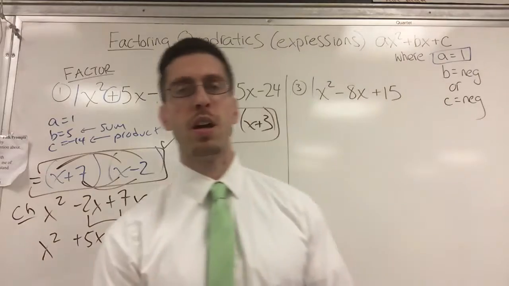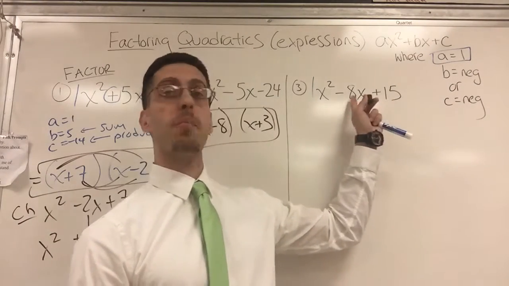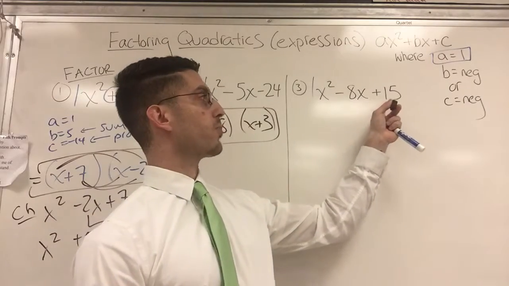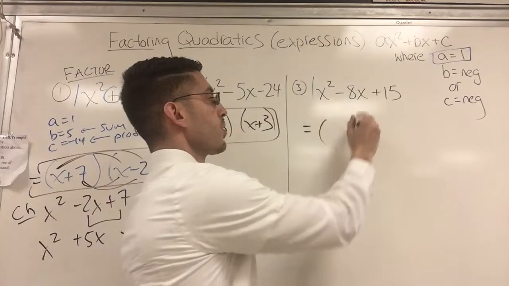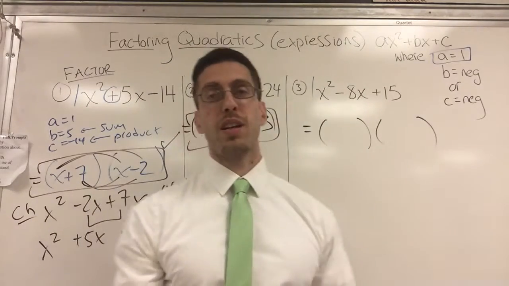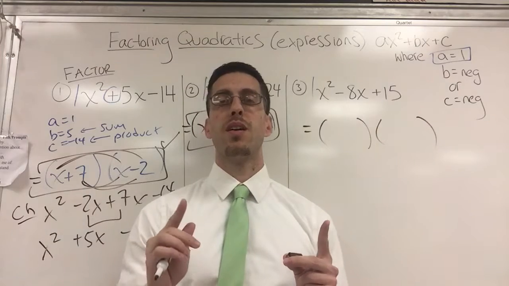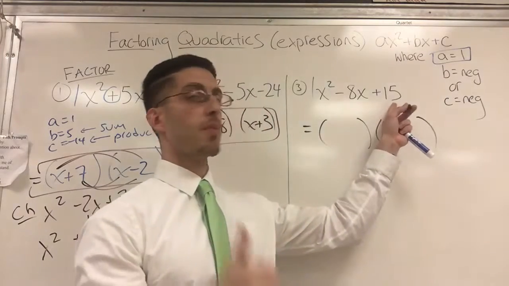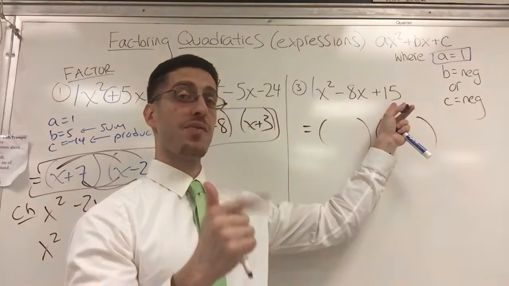Look at this last one. Here, the C is positive, the last number is positive, but the B is negative. So I'm trying to figure out what times what is positive 15. Again, I gave you an easy one because it's only 5 and 3, but positive 15 comes from positive 5 times positive 3 or negative 5 times negative 3.